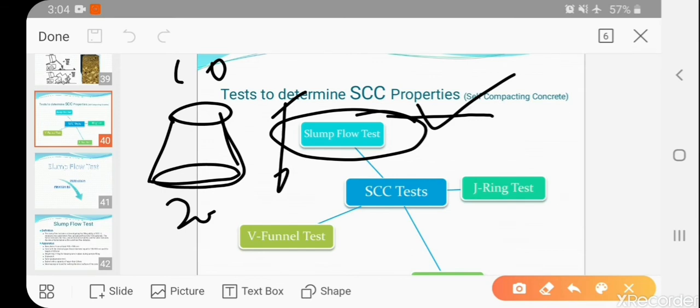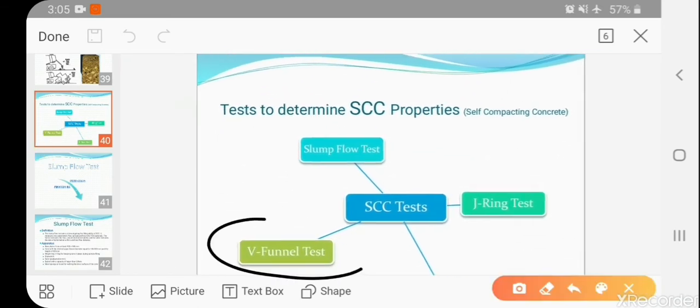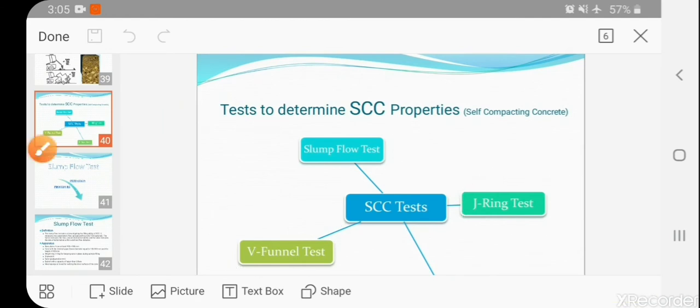Same procedure, but here we are taking different ingredients. Without using any external vibrators, we just use the cement and aggregates with fly ash or GGBS. These are called additives when compared to the normal concrete. And the next tests are the V funnel test and J ring. So let us see one by one.